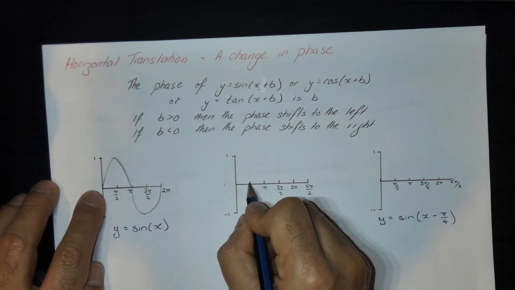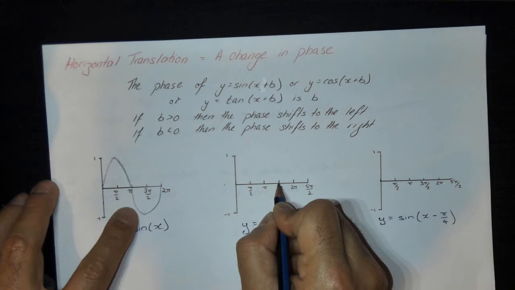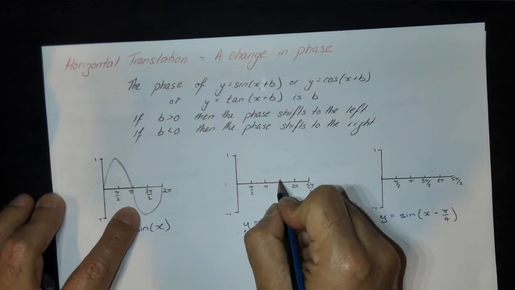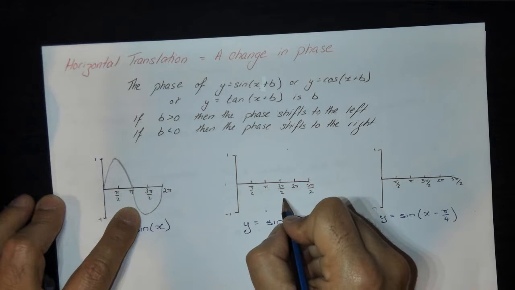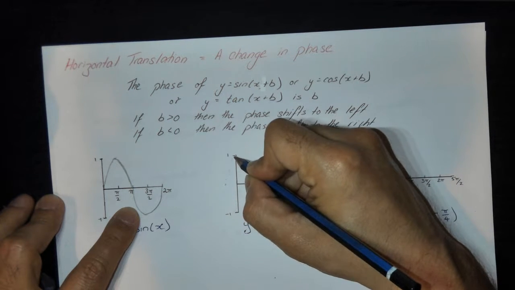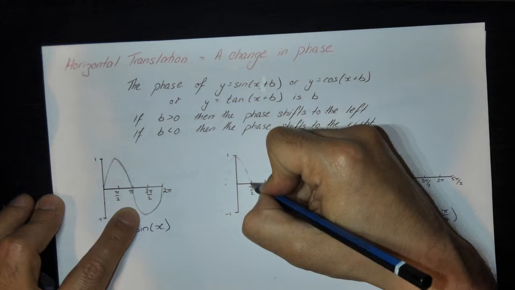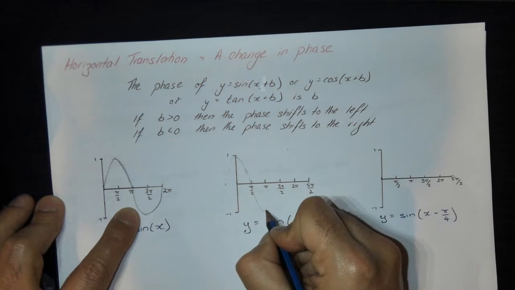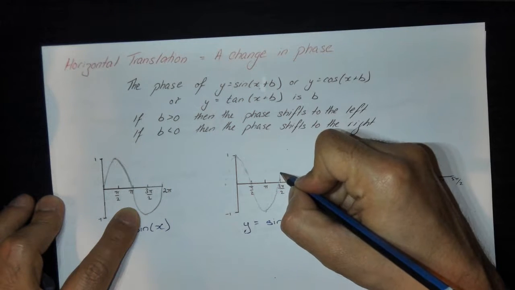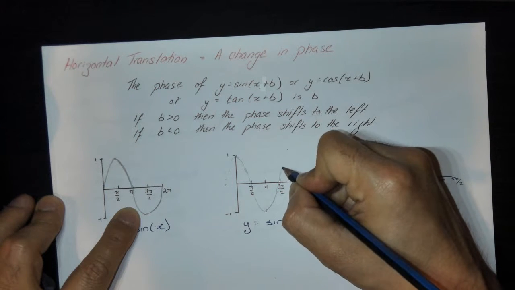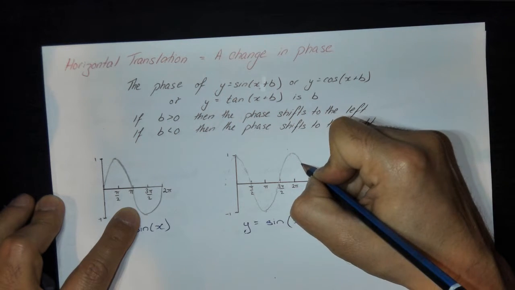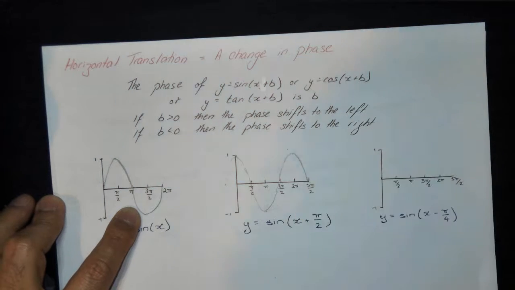We're basically moving everything to the left pi on 2 units. Okay.